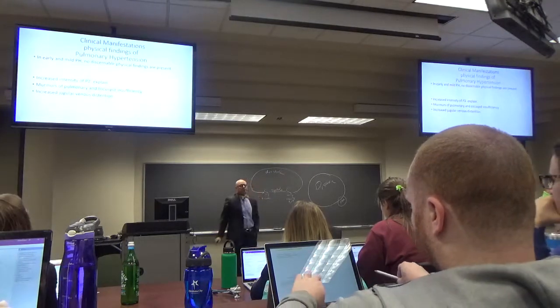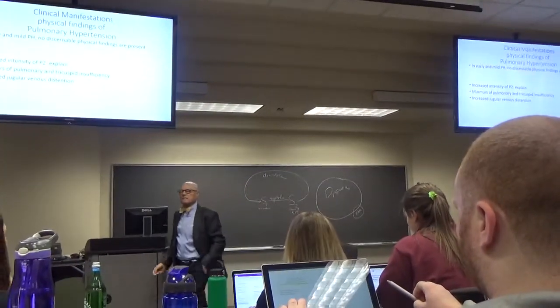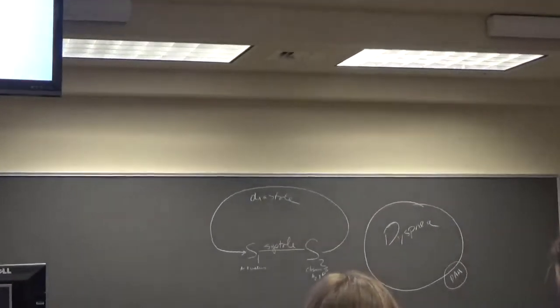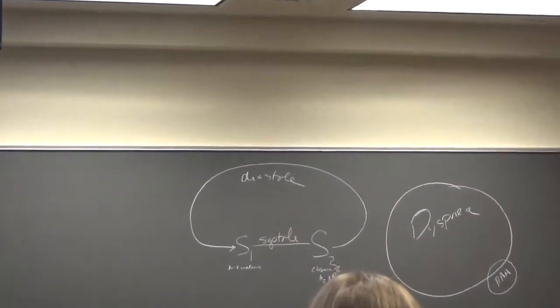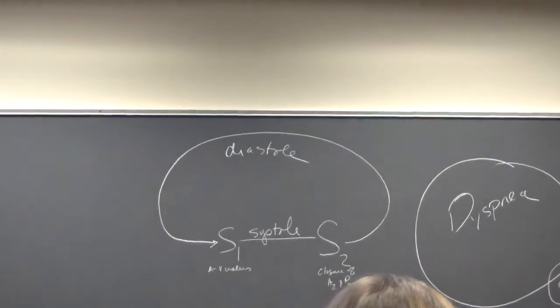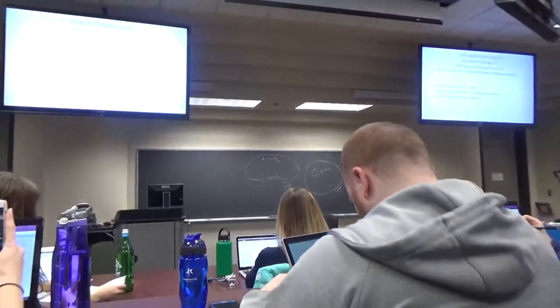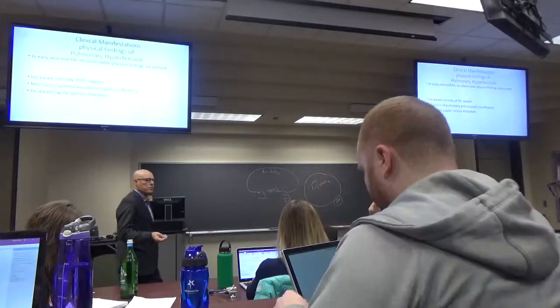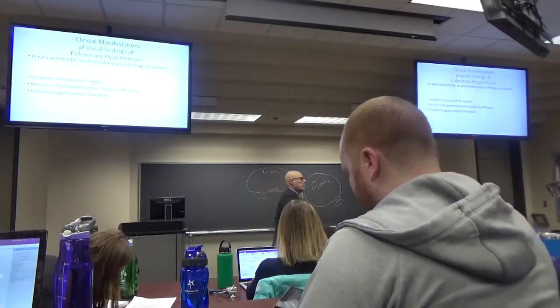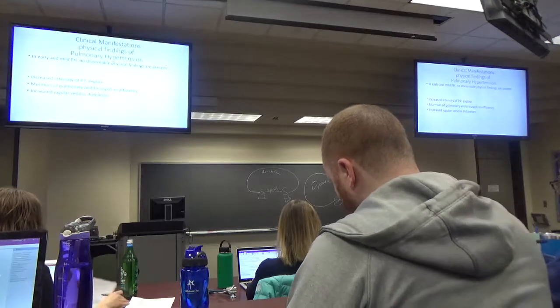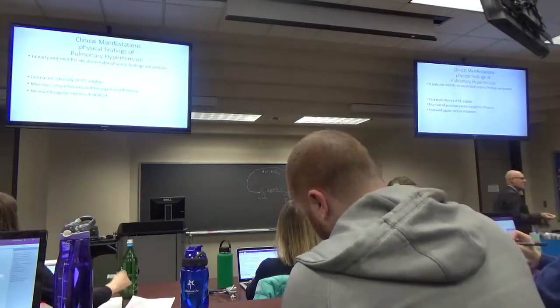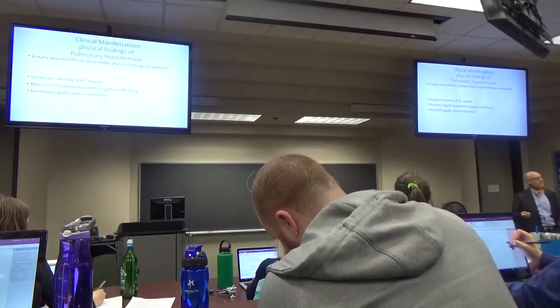Now, why does that picture make sense to me? It makes sense to me because systole is a shorter period of time than diastole. So you put your stethoscope on the chest and you're trying to figure out which one's S1 and which one's S2. Now, here's the deal. And you all know this. You may not have thought about it very much.